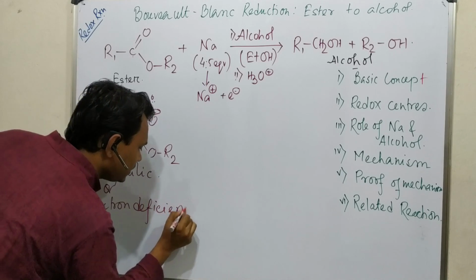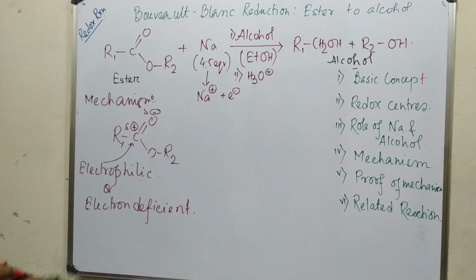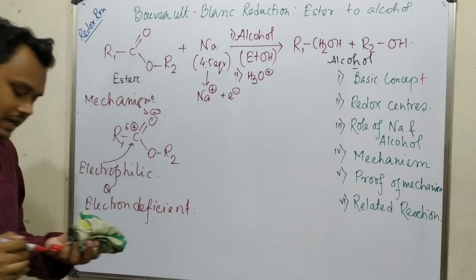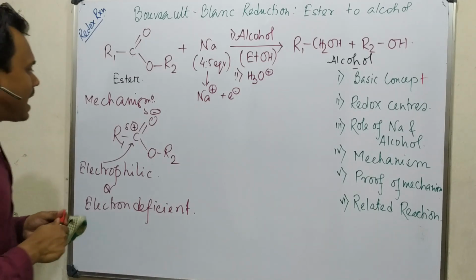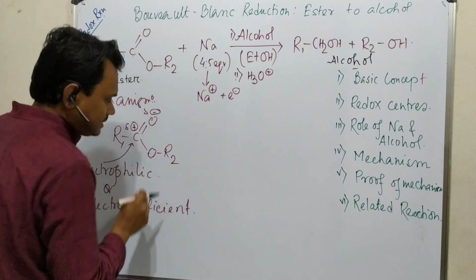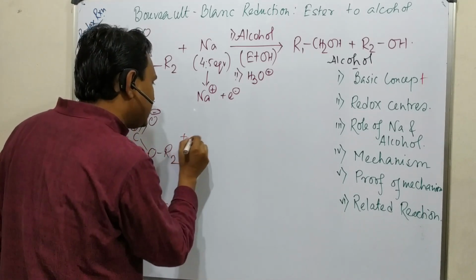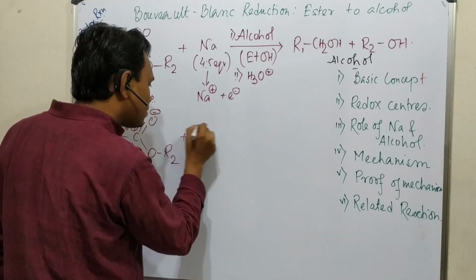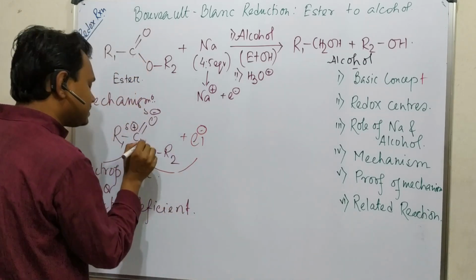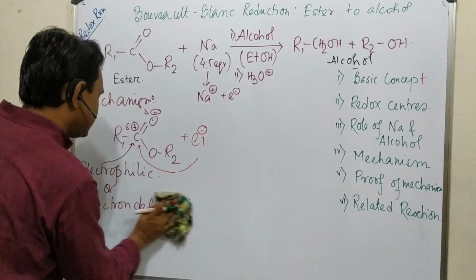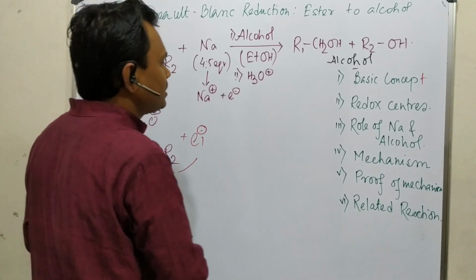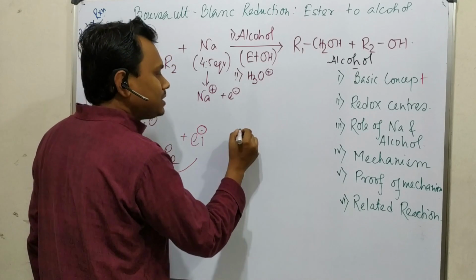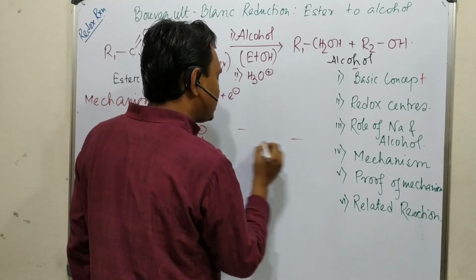If it is electron deficient, now you can think that okay, there is excess of electron, so this excess electron can go and attack on this center. Fine, and that's actually what happens. So this electron goes and attacks here. For better clarity, I can give you another explanation. See, a pi bond is made of this carbon and oxygen.